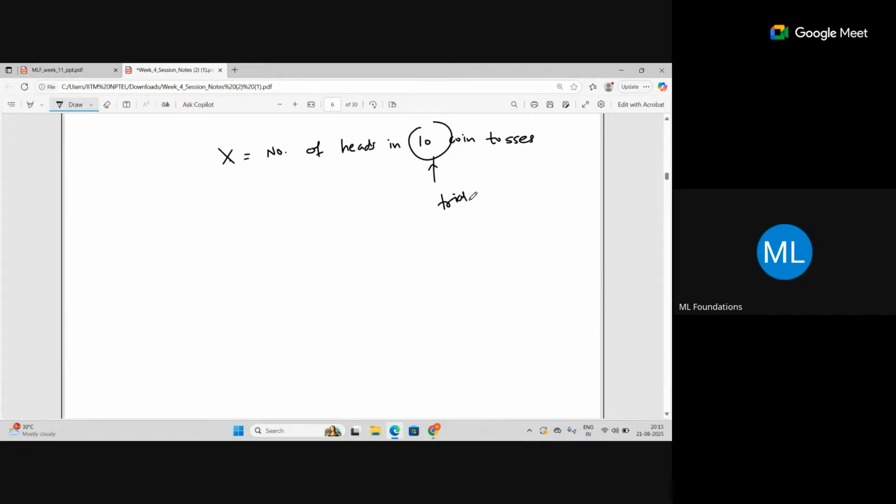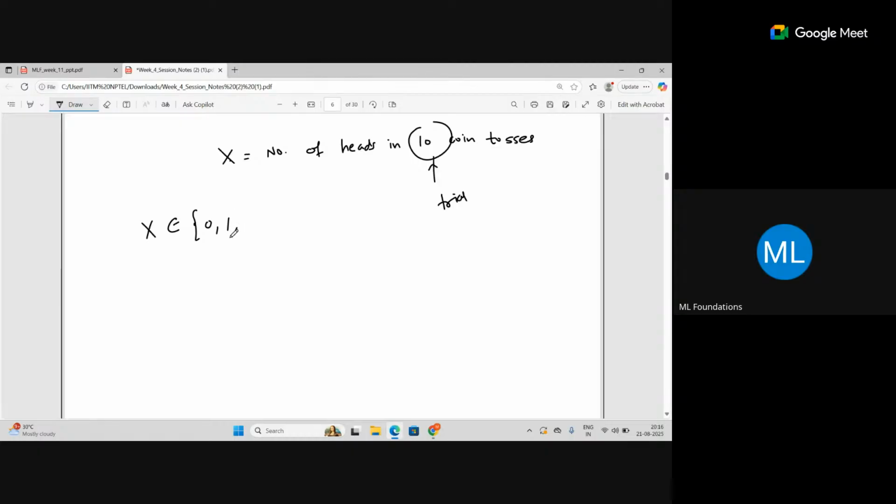If I toss a coin 10 times, each time I will get tail. So if all tails are obtained in 10 coin tosses, then x will be 0.